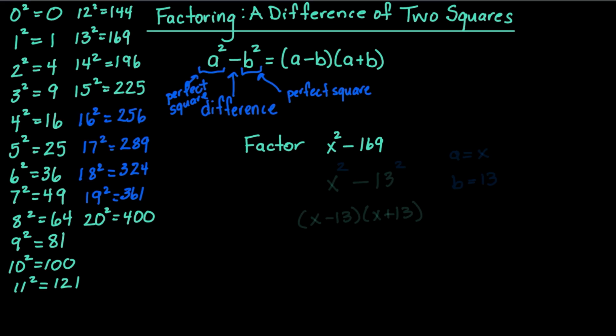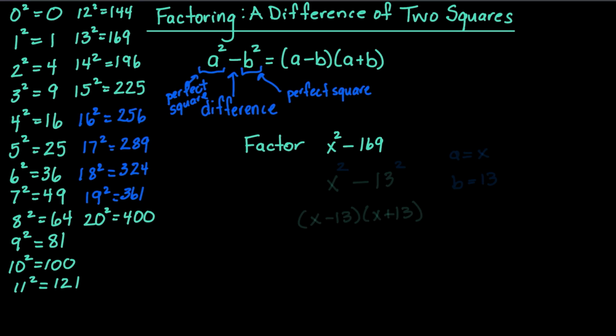If I'm factoring x squared minus 169, again, I see it's a binomial. So that's the first thing that should trigger that it's a difference of two squares. And I see that my first term is a perfect square. So I'm always going to be on alert that this could potentially be a difference of two squares. I know 169 is 13 squared.